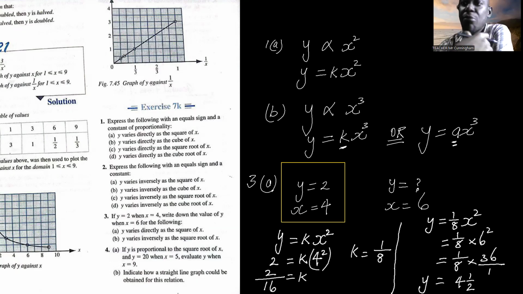All right. So we're doing question 3a. We're looking at direct variation.